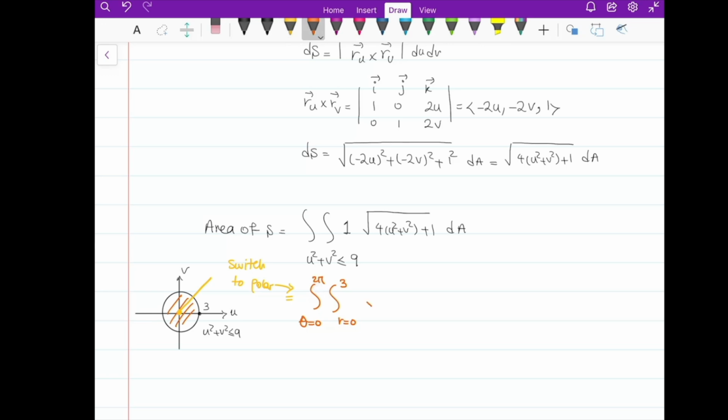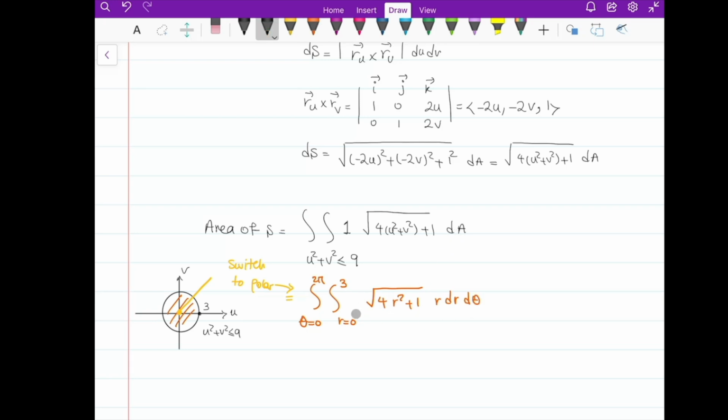And then what is next? I need to transform my integrand into polar, so I get the square root of 4r squared plus 1, and then dA would be r dr d theta.